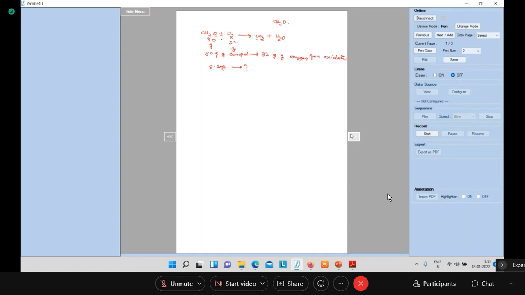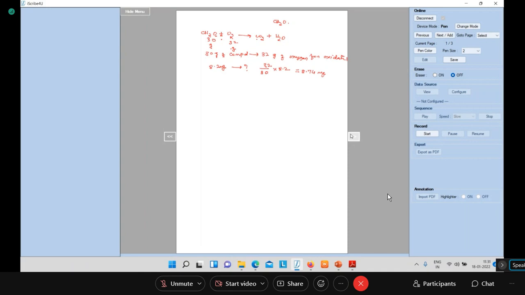Just cross multiplication. For 30 it is 32, and for 8.2, how much do you have to calculate? So this comes out to be 8.74 mg.